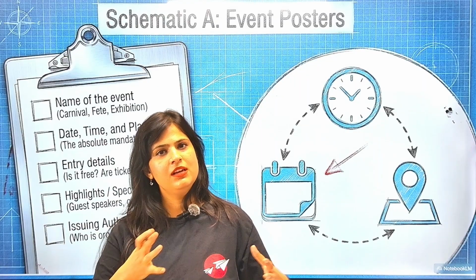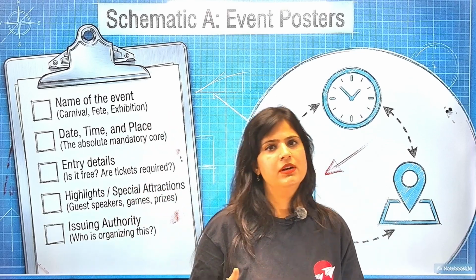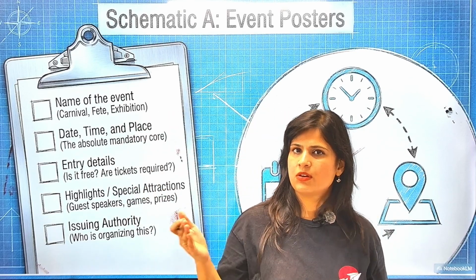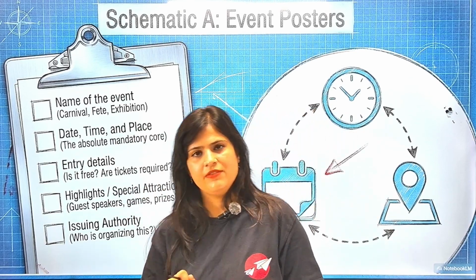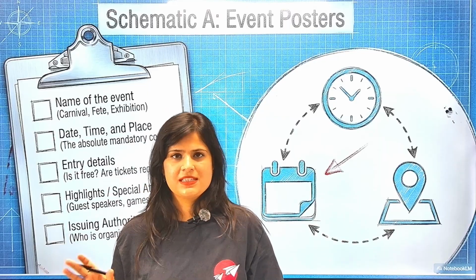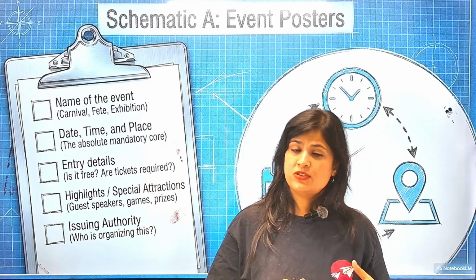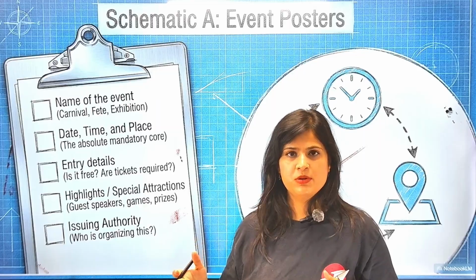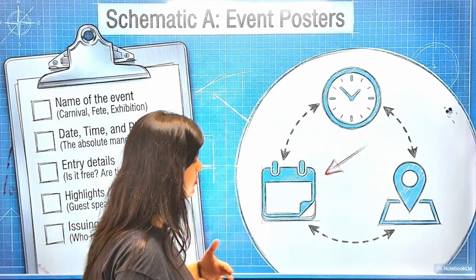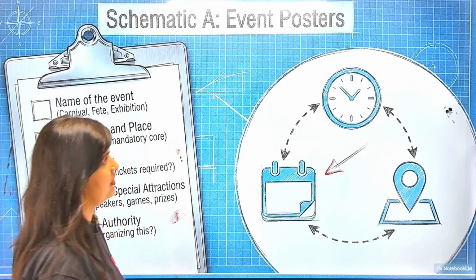So in this small span of time, we have already covered the core elements of a poster. Then we have understood the division of marks as per the CBSE pattern. We have understood the two major kinds of posters that you can be asked to create in the examination hall.